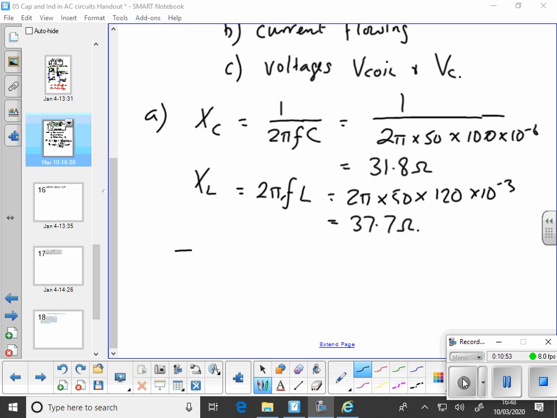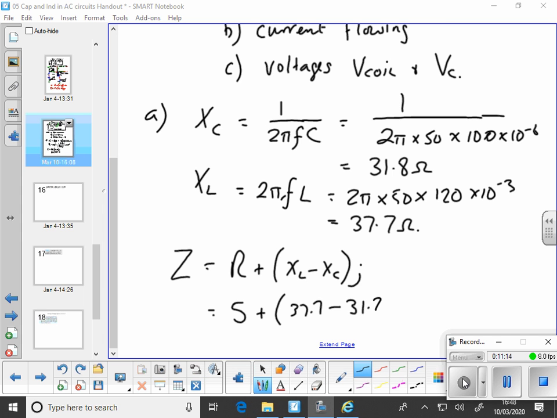So we've got Z is equal to R plus (XL minus XC)j, and R is... XL 37.7 minus 31.8.